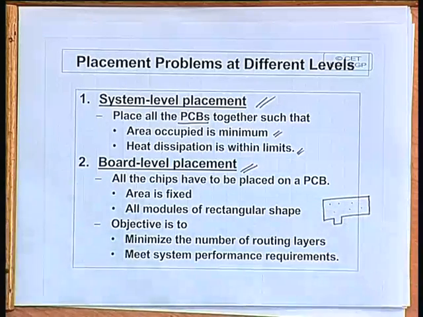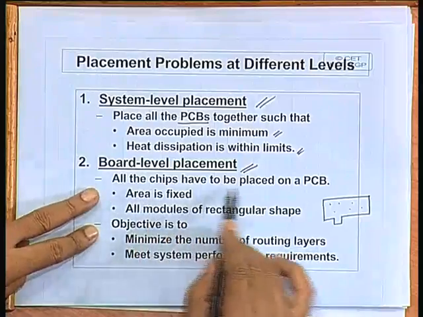I am not really talking about a system like a PC where the cards are very well defined and the functionality of the cards are known. But rather I am talking about a large dedicated system where what you put on the card is up to you. So, here the chips have to be placed on a PCB.